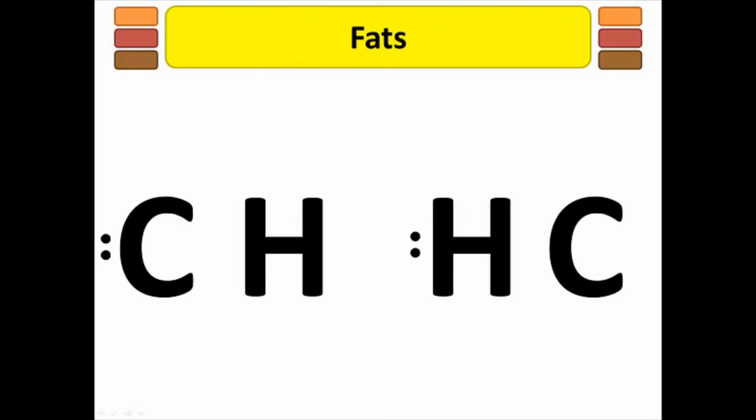As a result, the electrons of one bond are near the carbon, while the electrons in the other bond are near the hydrogen. This creates a split-second partial positive charge on one hydrogen and a split-second partial negative charge on the other hydrogen.